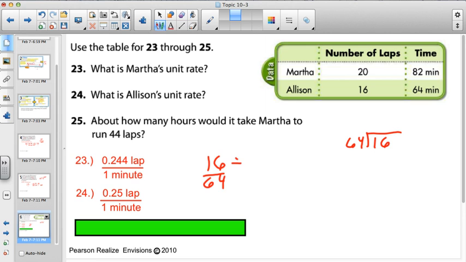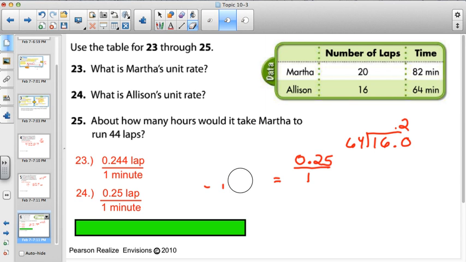Or you can set it up as a proportion and scale it, and you're still going to be dividing by 64. And so when you do that, you'll find out that you get a single unit, and you would get 0.25 of a lap. So if you calculated it all out, you would see that you'd come out to that.